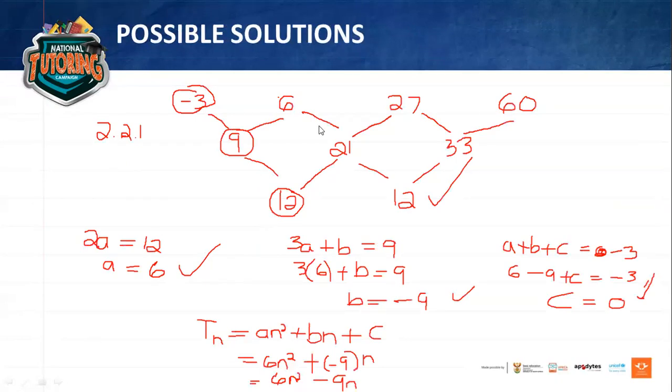I think you can see here the first difference. If I can highlight it for you, there is our first difference. It's 9, 21, and 33. So we are going to go there and calculate Sn.